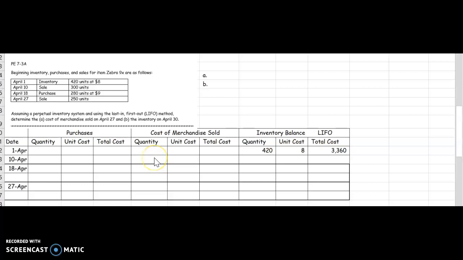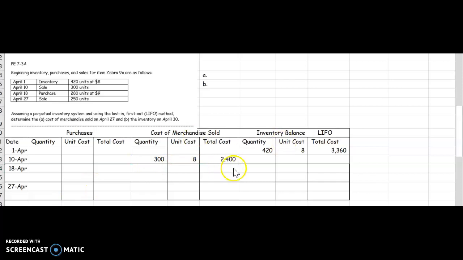So I come to my cost of merchandise sold section and I show that we sold 300 units. I have one price level, so I know that the cost was $8. So my total cost of goods sold is $2,400.